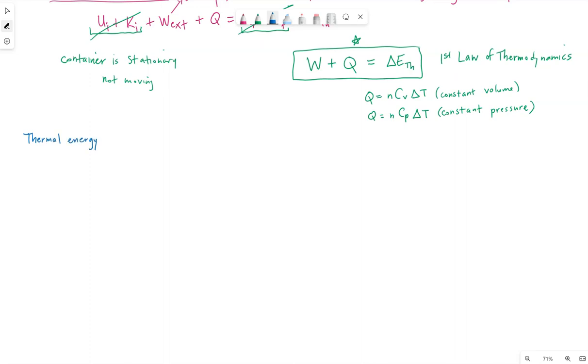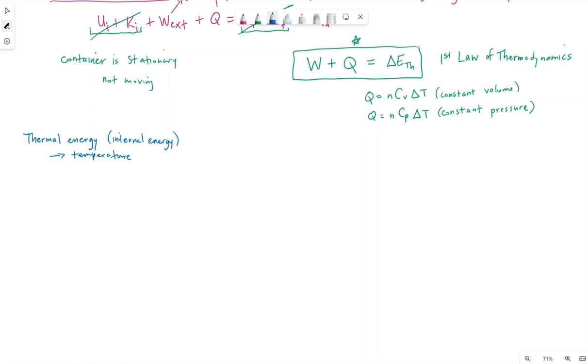we can also call that the internal energy of the gas, because the thermal energy is always directly related to the temperature. The temperature determines how fast, on average, the molecules are moving around.